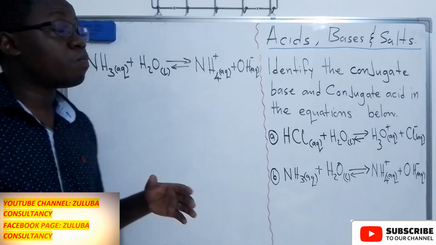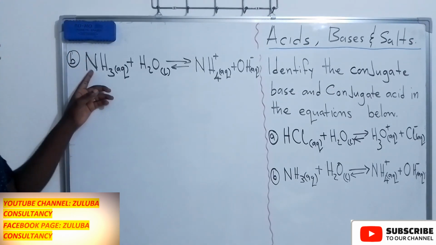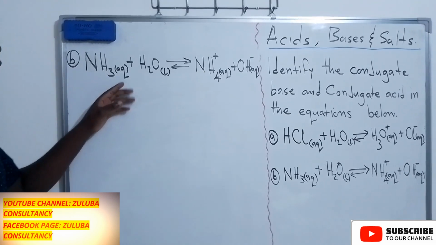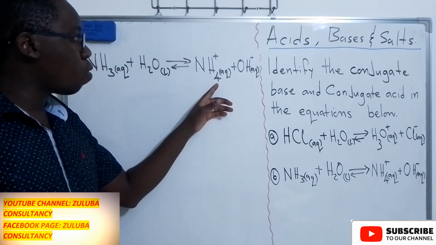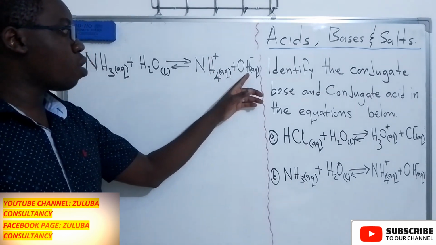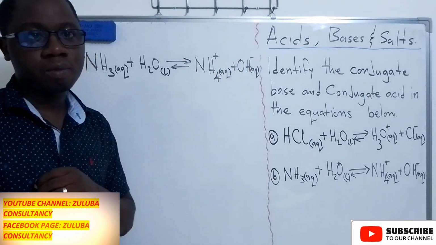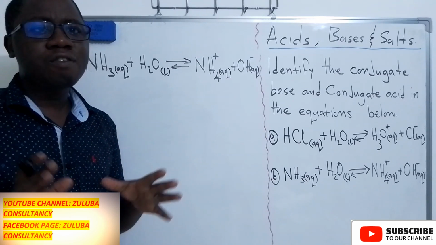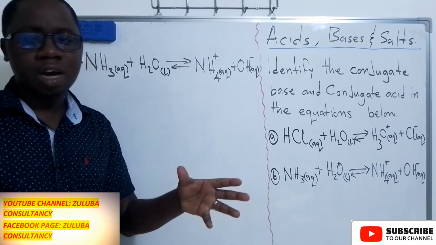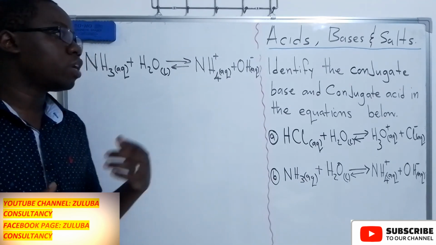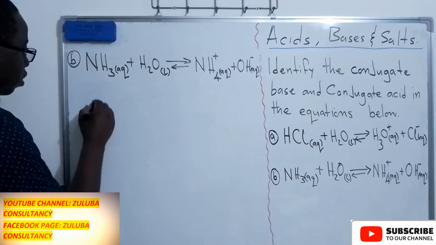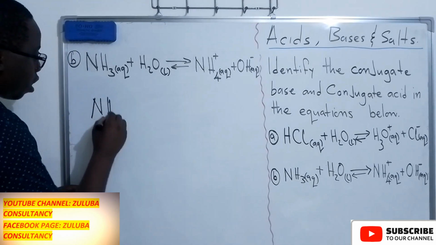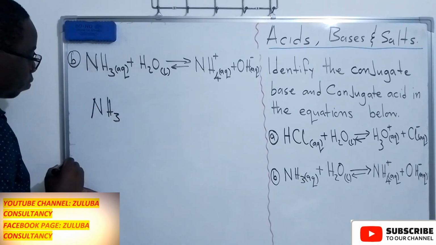In the second example, we have NH3 reacting with water to form NH4 positive and OH negative. Now, how do you identify which one is the conjugate acid, which one is a conjugate base? Well, let's look at when you get NH3.